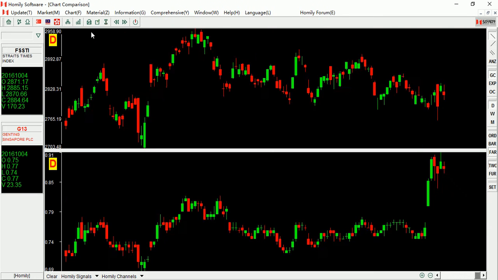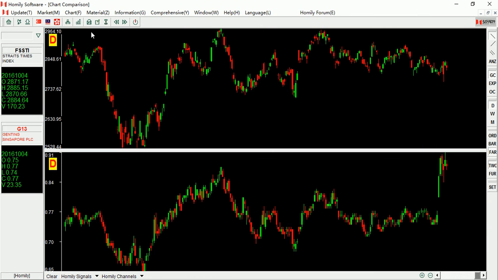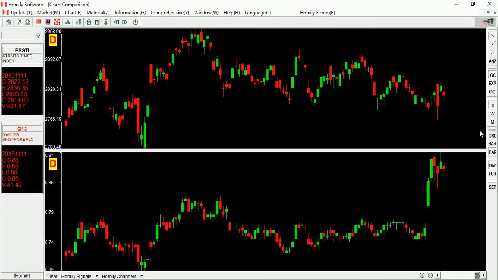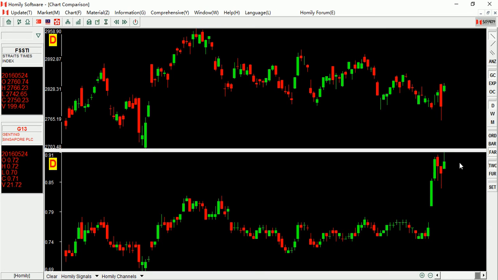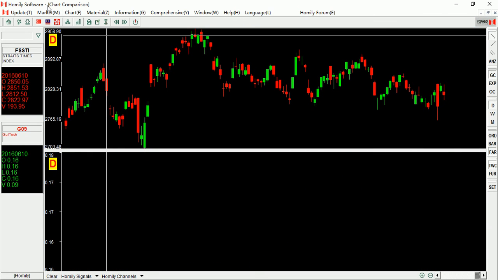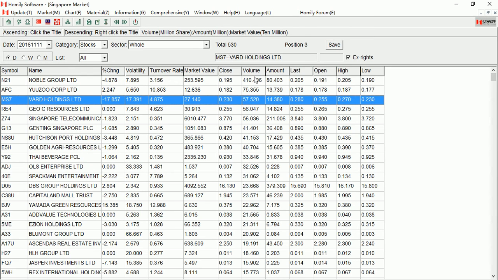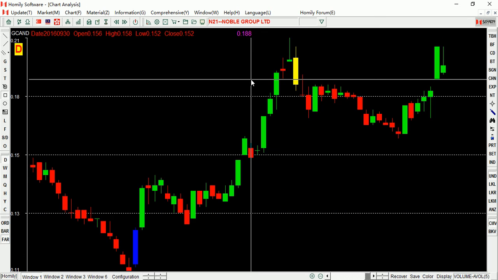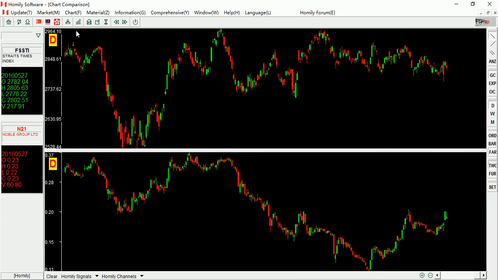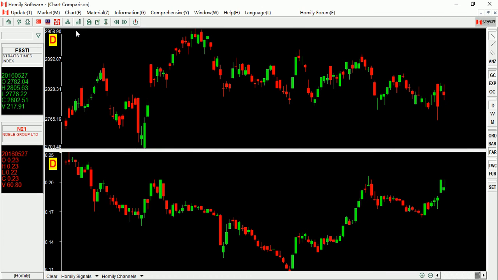You should check whether the stock is strong or not, and you can find the strong stocks quickly. So let's see some stocks. We found some high volume stock. Then click chart comparison. You should know whether this stock is strong or not.